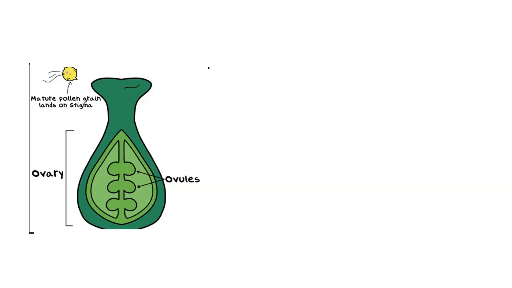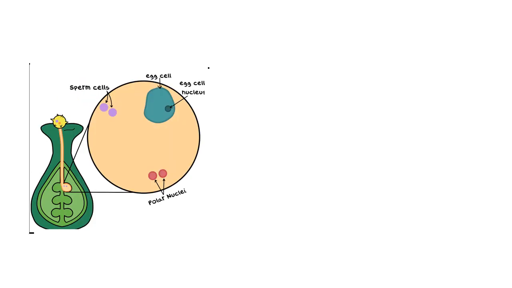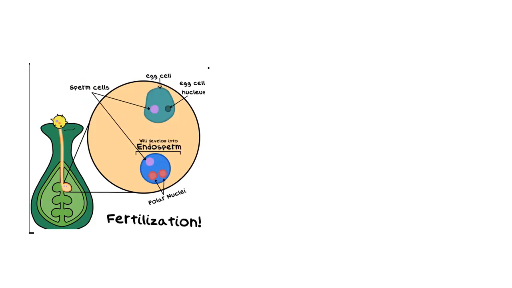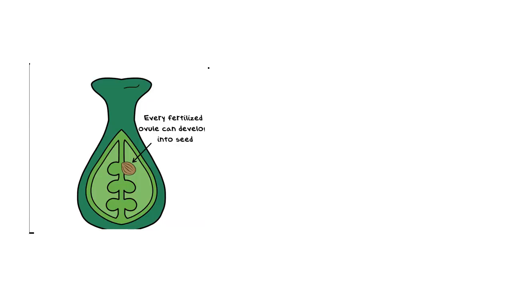A mature pollen grain lands on the stigma and forms the pollen tube. This pollen tube reaches into the ovary. The generative cell divides into two sperm cells. Each of the sperm cells fuses, and one forms the zygote, whereas the other forms the endosperm.